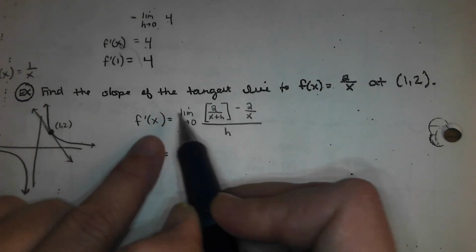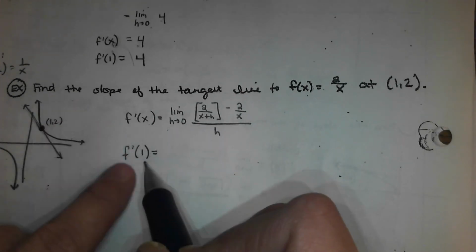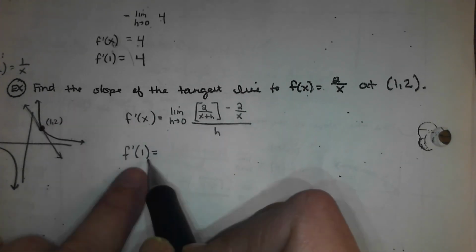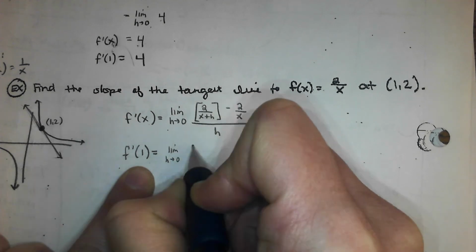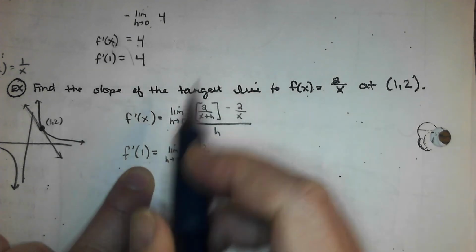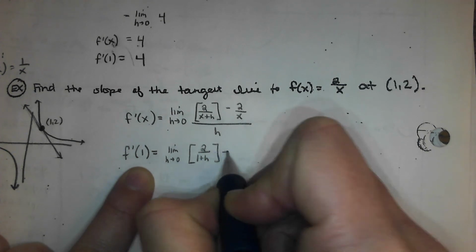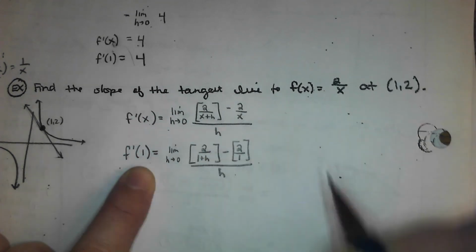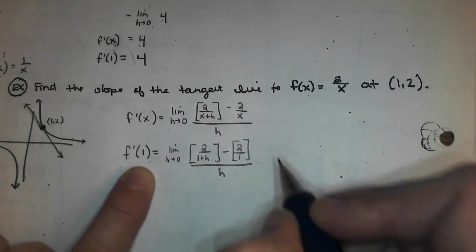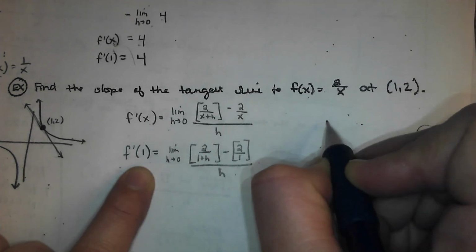But rather than getting the equation for the derivative in terms of x, what if we just immediately looked for the derivative at 1? So we'd have the limit still as h approaches 0 of 2 over 1 plus h minus 2 over 1, all over h. Follow? This way we're going to get right to the answer specifically at 1 versus a general equation. You follow?